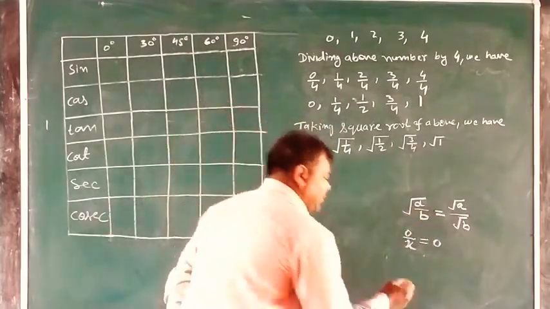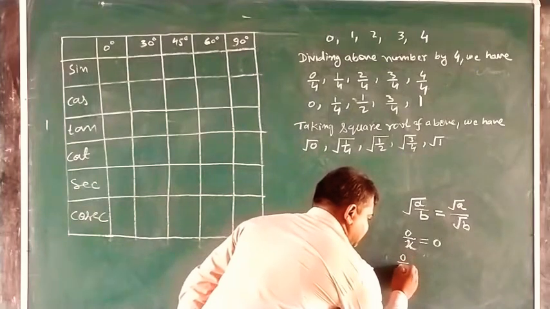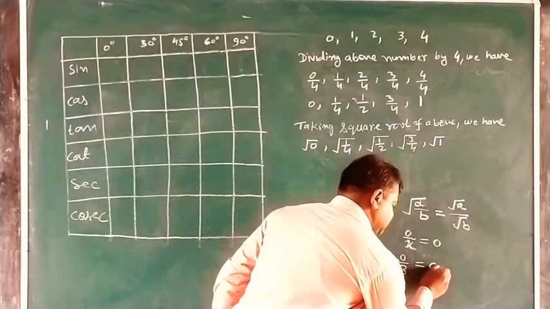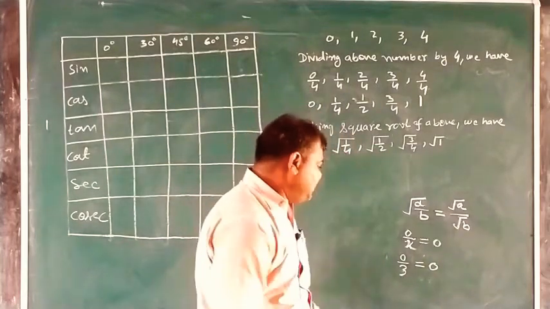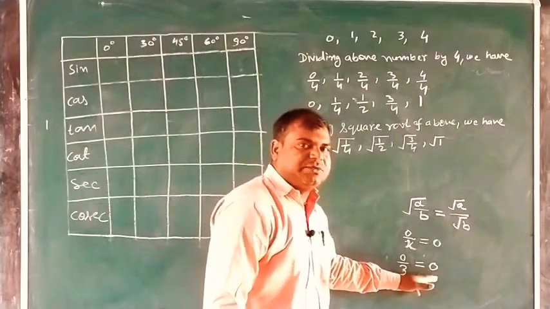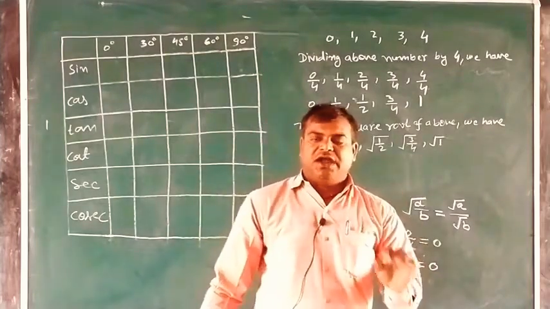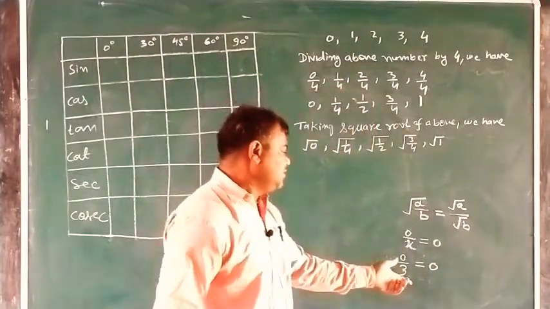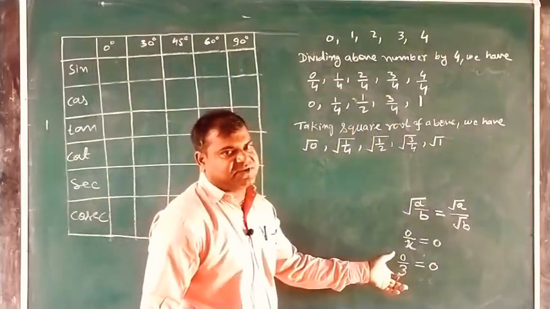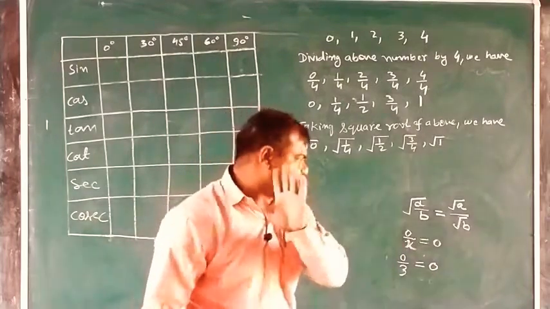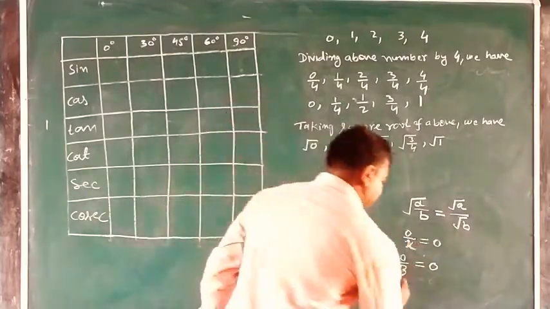For example, if 0 by 3 is written, the result is 0. 0 by 4 is 0, 0 by 10 is 0. It means if the numerator is 0 and the denominator is any number except 0, then the value of the fraction will always be 0.